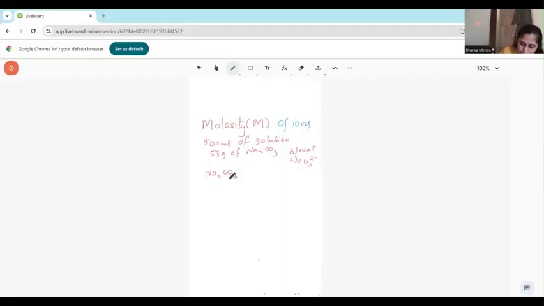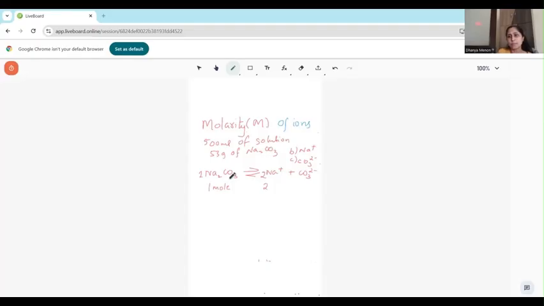How many sodium atoms are there? 2. Now over here, suppose I'm taking the balancing number as 1, because no number is there. So what is the meaning of this? 1 mole of sodium carbonate dissociates to give 2 moles of sodium ion, because I've taken the balancing number.